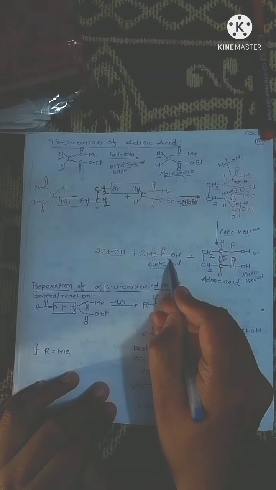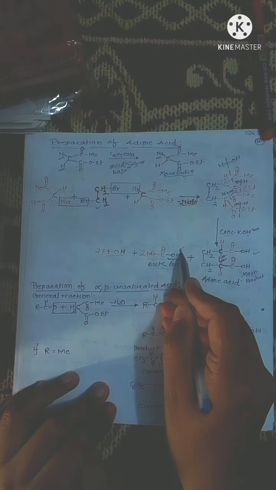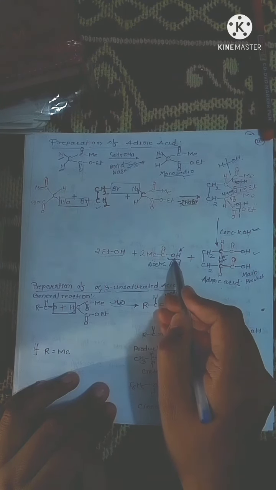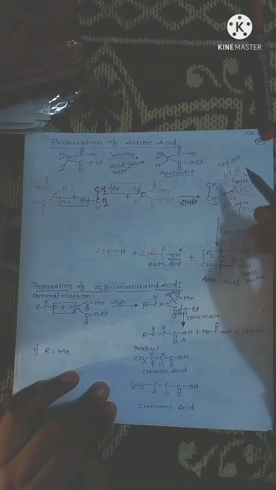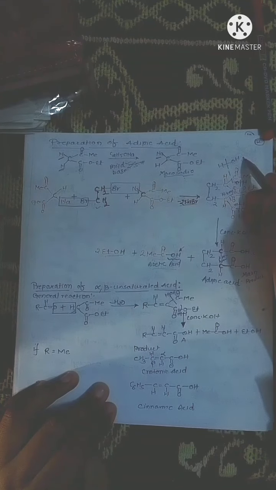So this methyl, C double bond O, and OH from the water molecule. That's why the OH in this acetic acid molecule is written with blue pen, which tells us that this OH is coming from the water molecule.